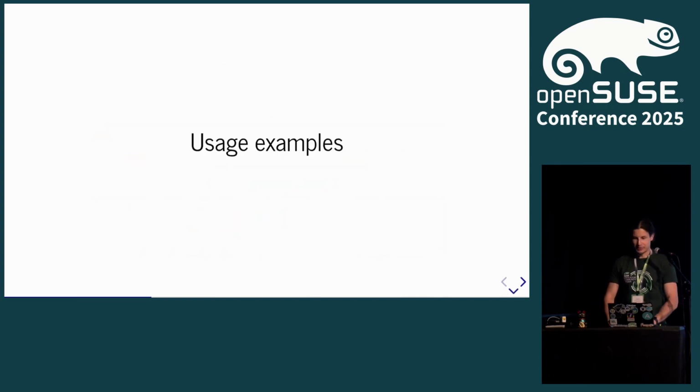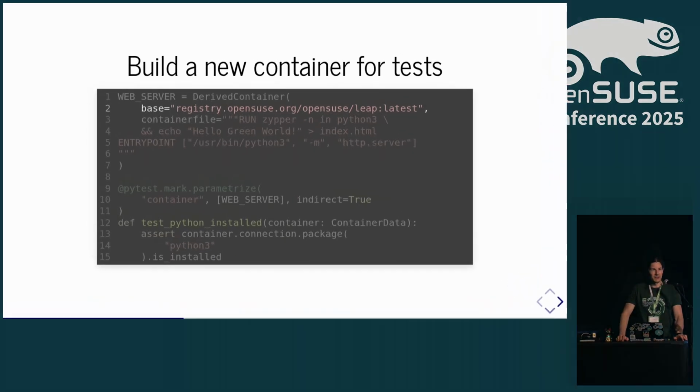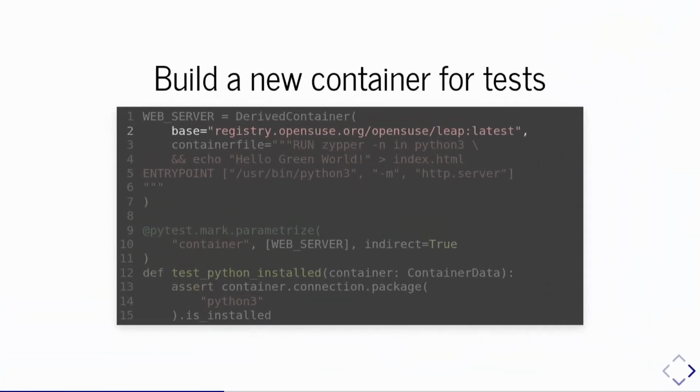So let's go maybe through a few more interesting examples. As a typical use case, you want to build a new container for your test. So you give your test a base image. That can be something on a registry. It can be another already defined container image. You give it a container file.